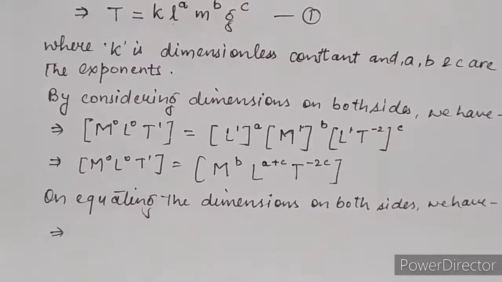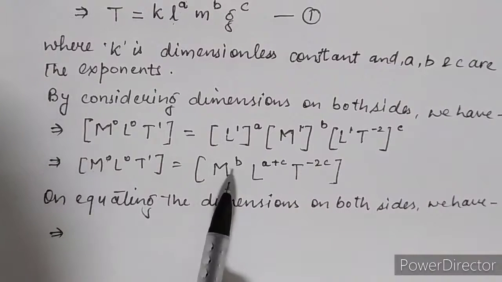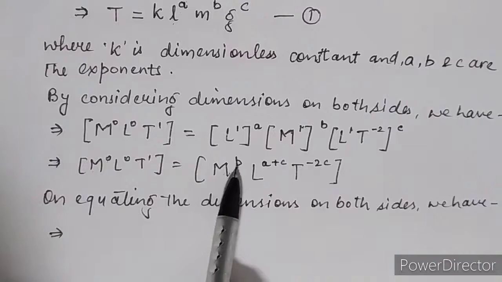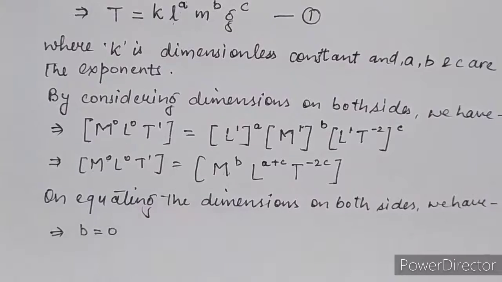So here in the LHS, M has the power 0, and in the RHS, M has the power b, so it means b is equal to 0. We are only equating the dimensions.